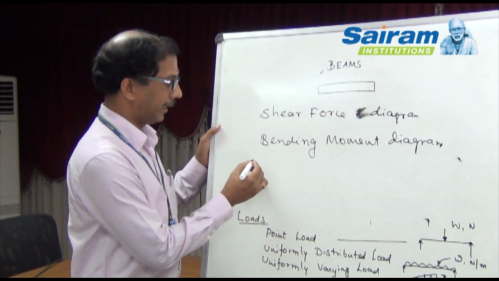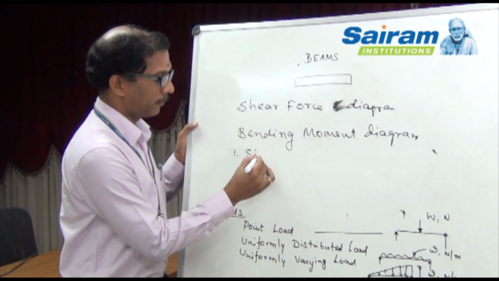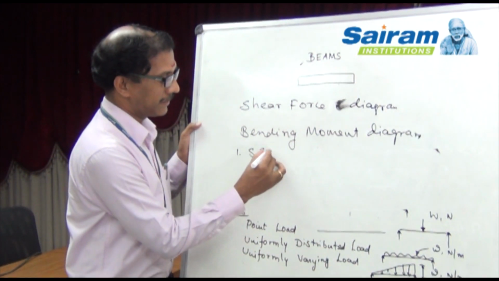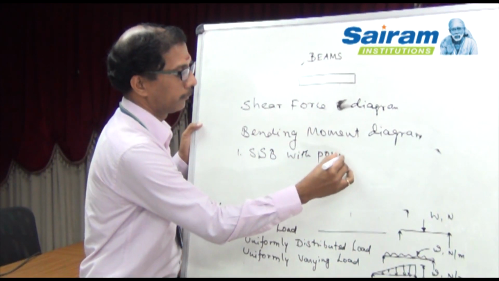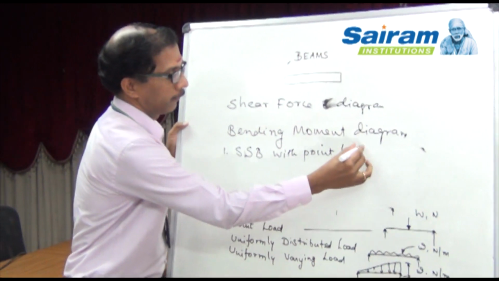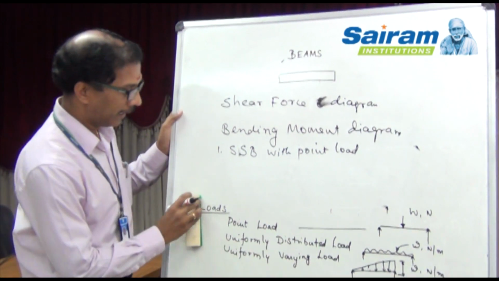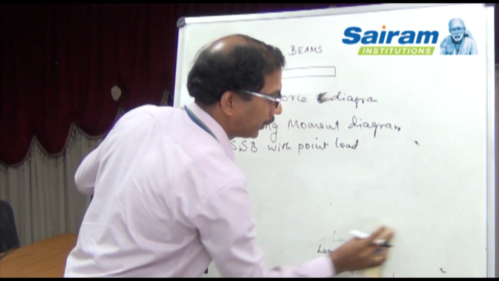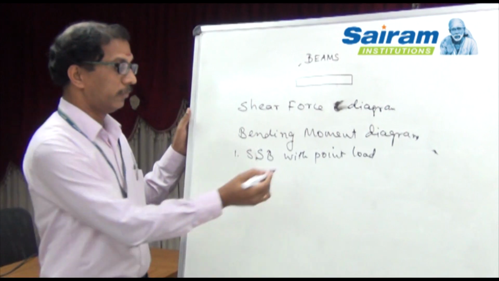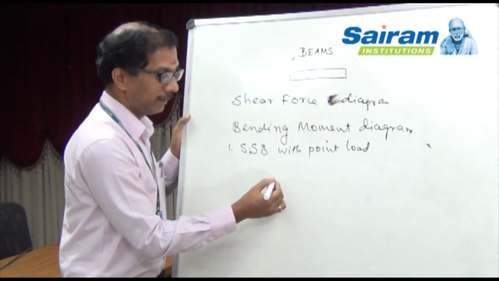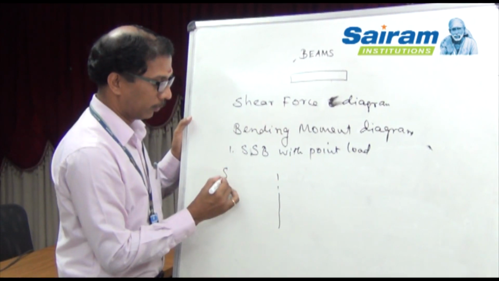And we'll take a few examples from simply supported beam, denoted as SSB, with point load. For this beam we'll see how to construct a shear force diagram and bending moment diagram. Before going to this we should know the sign conventions of shear force and bending moment.